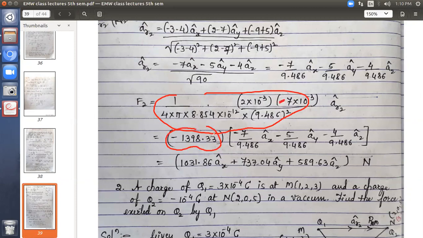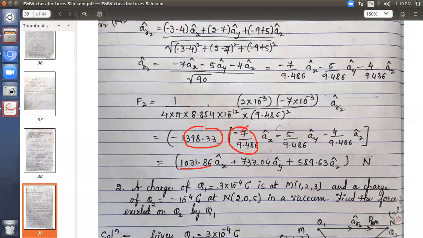And the unit vector I have just calculated. How do you simplify? Multiply this term with this term and write whatever answer you get. Since all three are negative, negative into negative, you will get all three positive. So this is your force F2 in newtons.